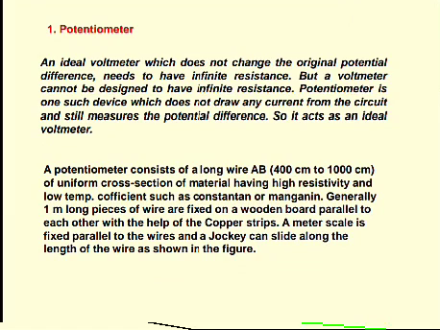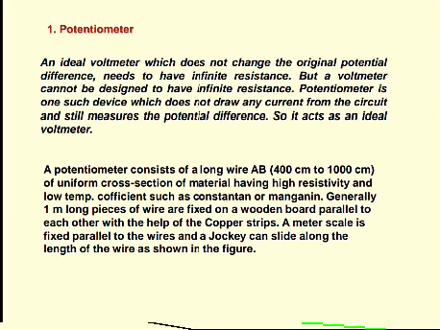A potentiometer consists of a long wire AB, maybe 400 centimeter to 1000 centimeter, of uniform cross section and material having high resistivity and low temperature coefficient, such as constantan or manganin.